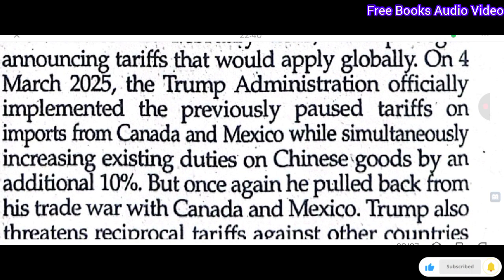On 4 March 2025, the Trump administration officially implemented the previously paused tariffs on imports from Canada and Mexico, while simultaneously increasing existing duties on Chinese goods by an additional 10%. But once again, he pulled back from his trade war with Canada and Mexico.